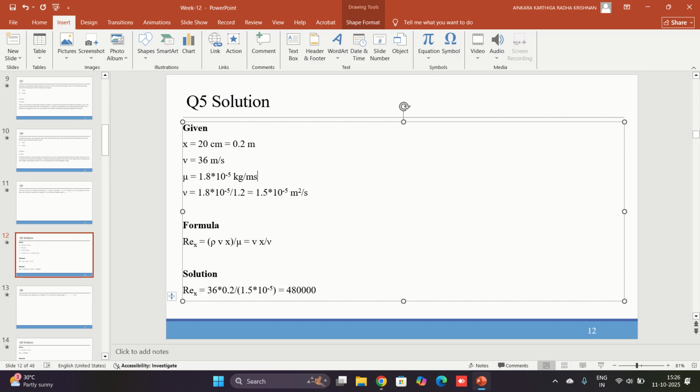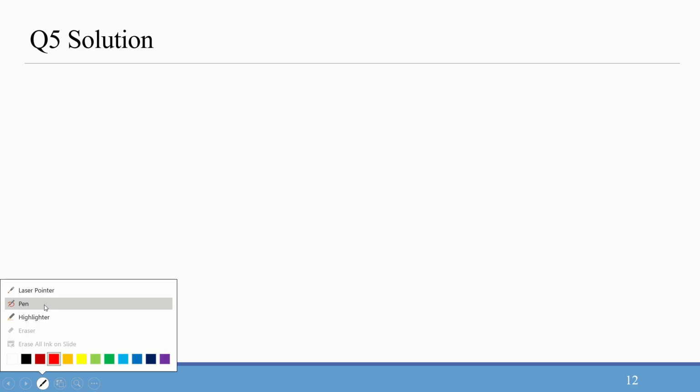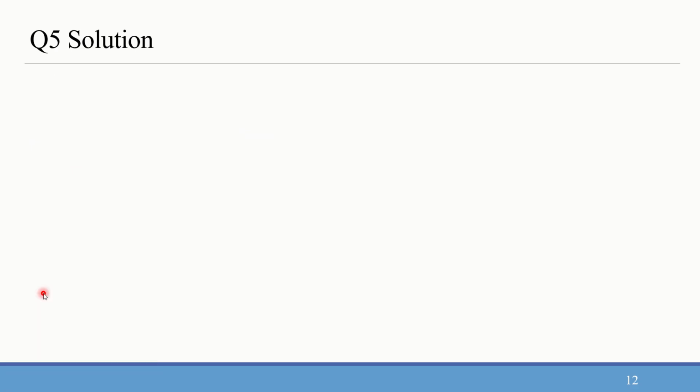This is what is given explicitly. For our understanding and ease of solving, we have taken it the other way, because in most problems nu was given. That's why, like I mentioned, about converting from mu to nu.